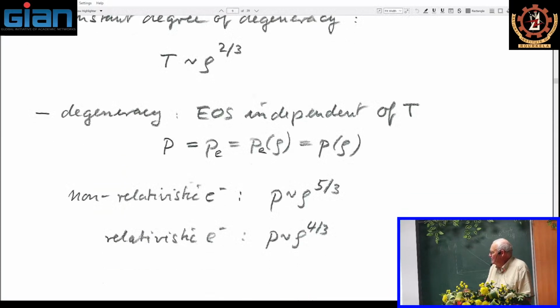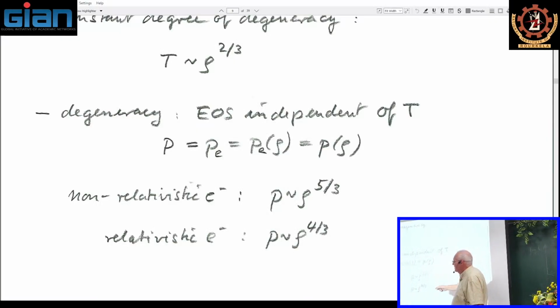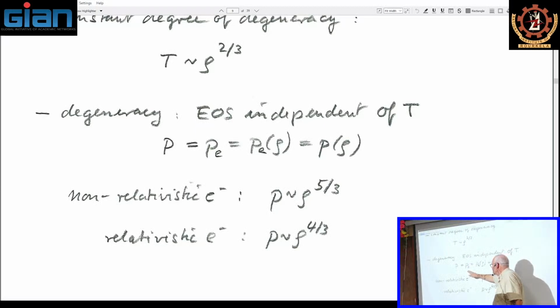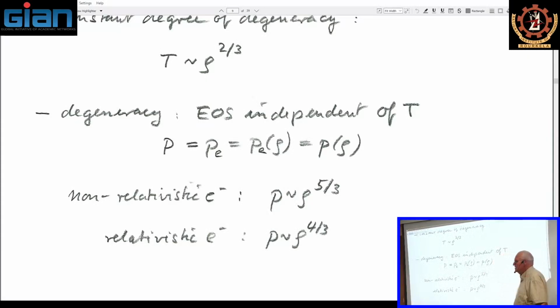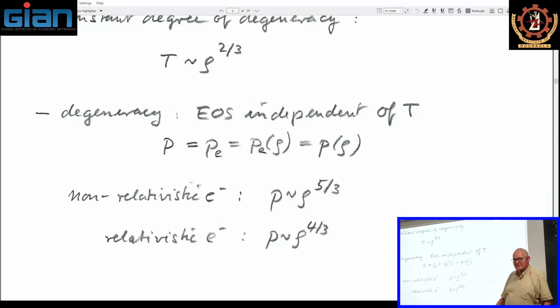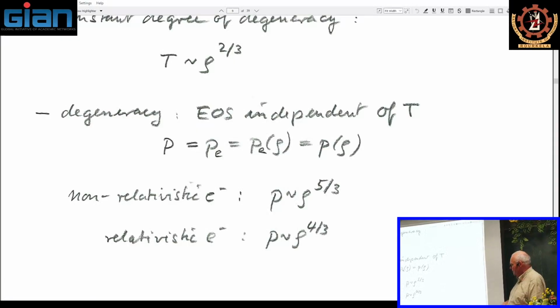again, to summarize, degeneracy means the equation of state becomes independent of the temperature. So if the temperature is low enough, then the pressure is equal to the electron pressure. The electron pressure then only depends on density, and therefore the pressure only depends on density, because the pressure of the non-degenerate particles becomes unimportant.